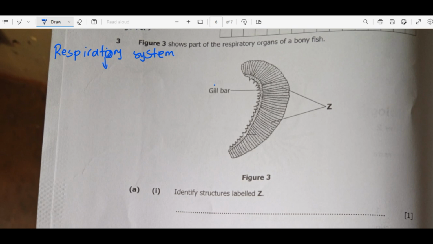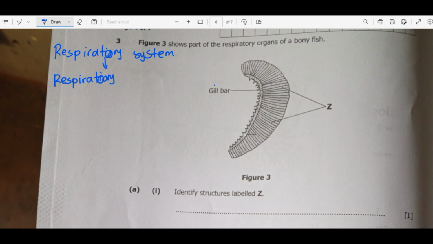Now, what do we call the organs that are found in the respiratory system? These organs are known as respiratory organs. Each organ has a specific role, and also a specific system in which it is found.